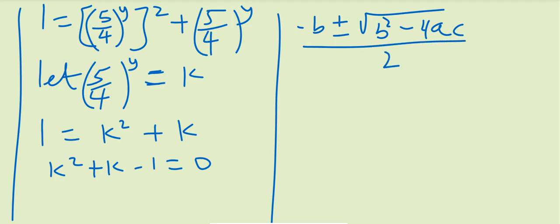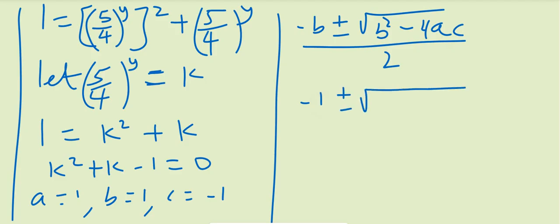So let's look: a is 1, b is also 1, and c is minus 1. So minus 1 plus or minus square root of 1 squared, which is 1, minus 4 multiplied by a, which is 1, and c, which is minus 1.